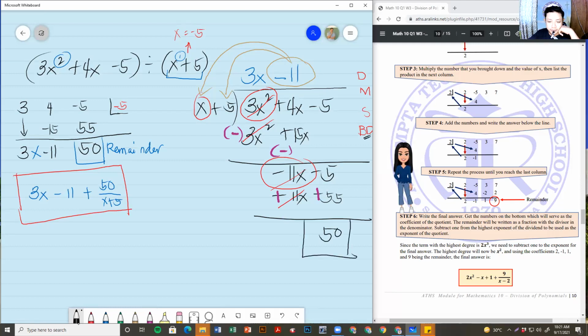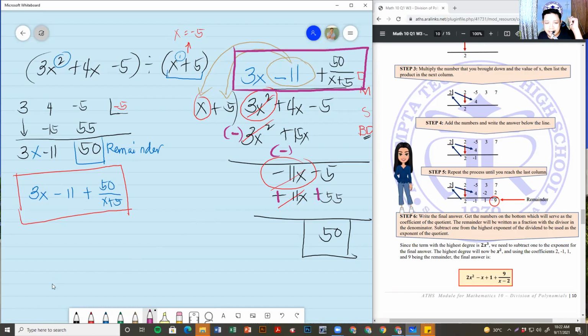So for you to write the remainder here, all you need to do is to write plus 50 over the divisor, which is x plus 5. And there we go. We got the same answer as the synthetic and long division. And that's 3x minus 11 plus 50 over x plus 5.